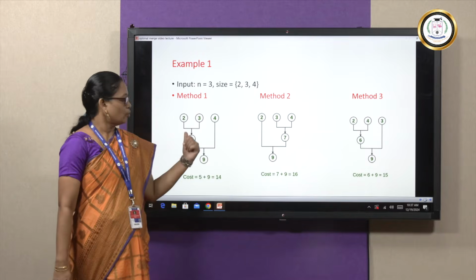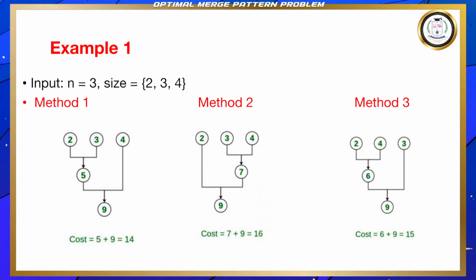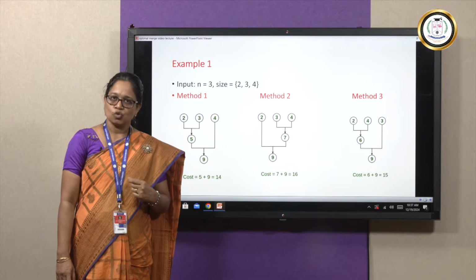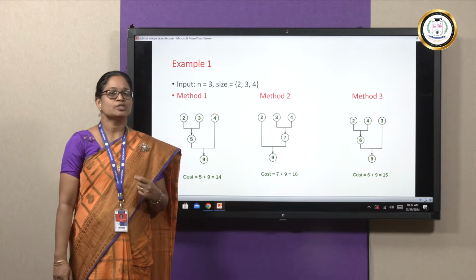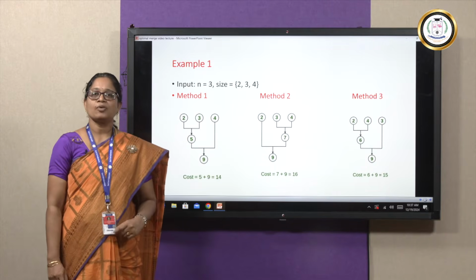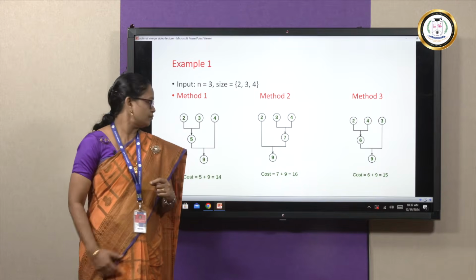Let's discuss method 1 first. Here we are taking the files as such in the given sequence and we are merging the files. We merge the first file of size 2 with the second file of size 3. So the number of comparisons done is 2 plus 3, which is equal to 5.